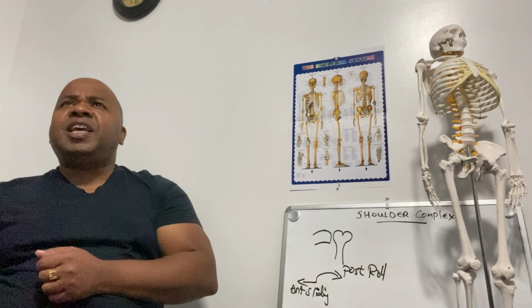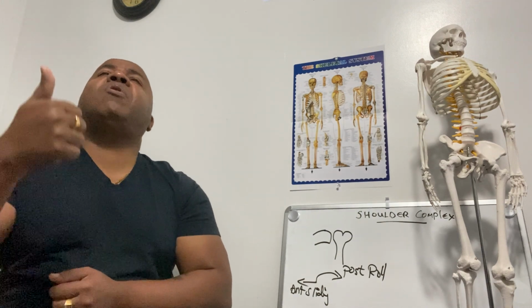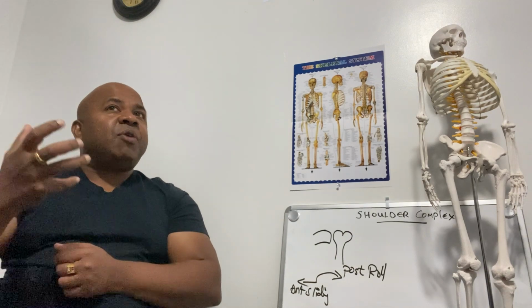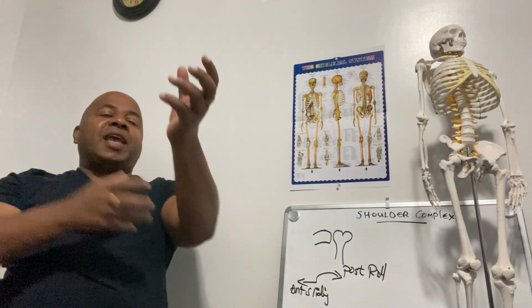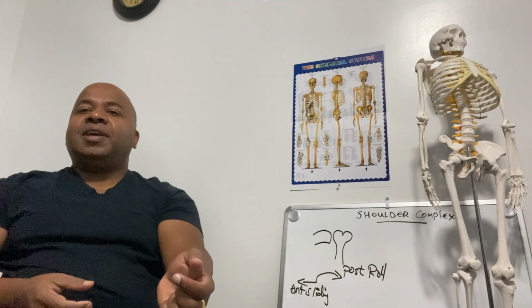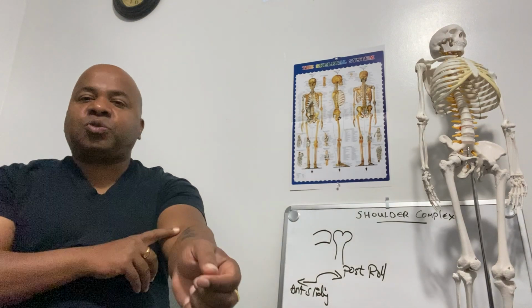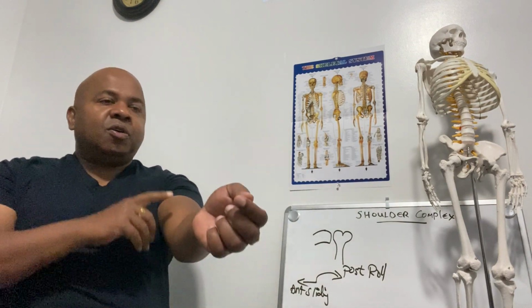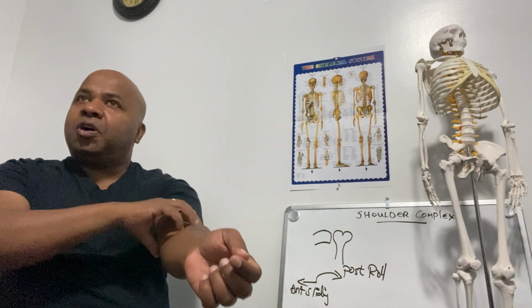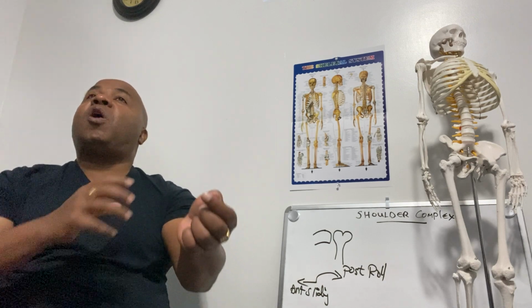And now let us see the concave convex rule. Okay, so the concave convex rule can be seen at the elbow joint, either the humero-radial or the humero-ulnar articulation.